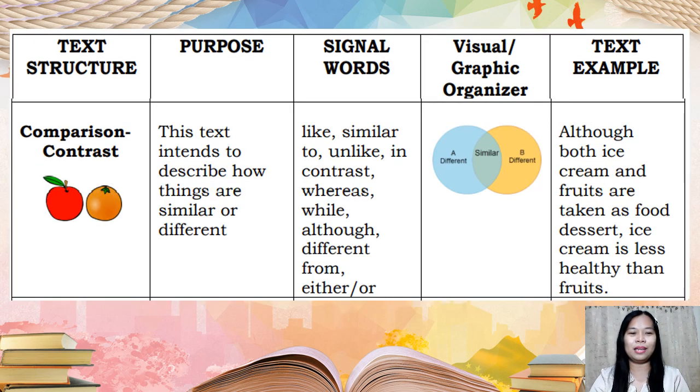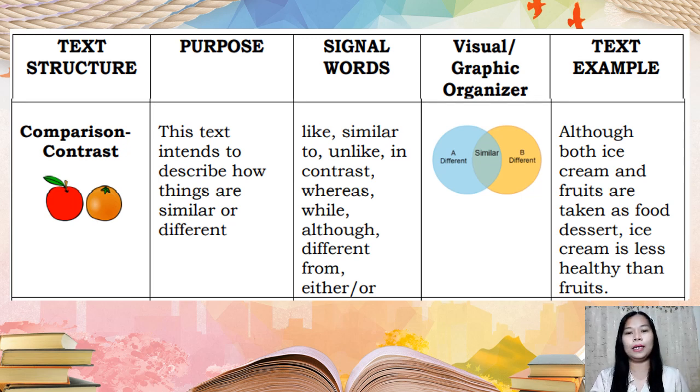The third one is comparison contrast. So the purpose: this text intends to describe how things are similar or different. So from the word itself, comparison, contrast, we have to compare and contrast, we have to find the similarities and the differences of perhaps the two things that are being discussed or that are the topics in the text.